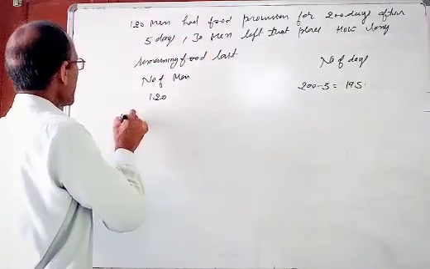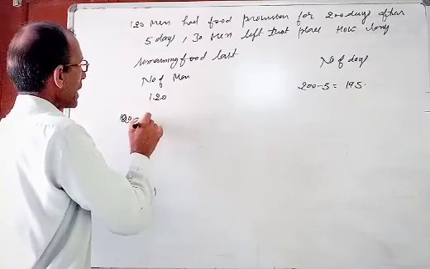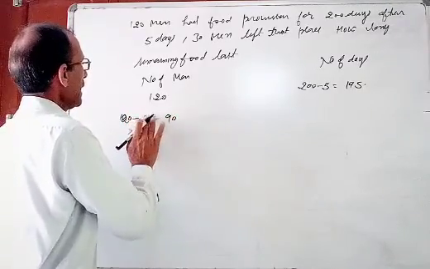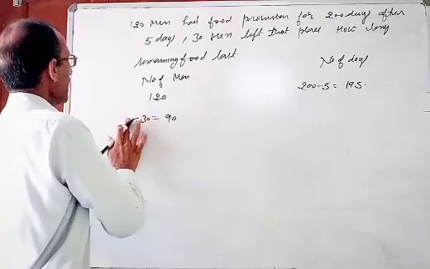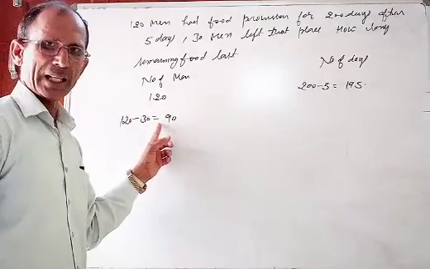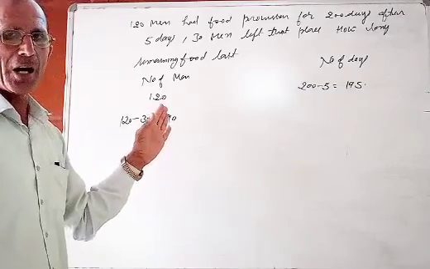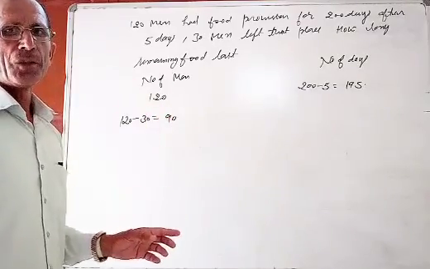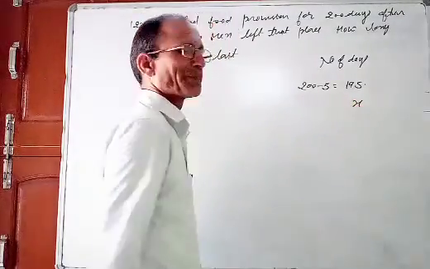So 120 were in the beginning. Now 30 men left after 5 days. 120 minus 30 is 90. So we have to find for 90 men for how long the remaining food lasts. So I will assume x days.